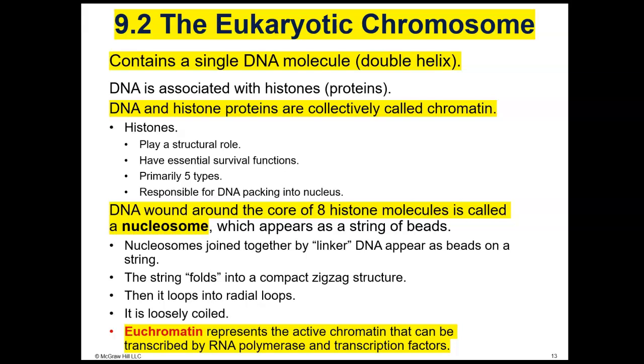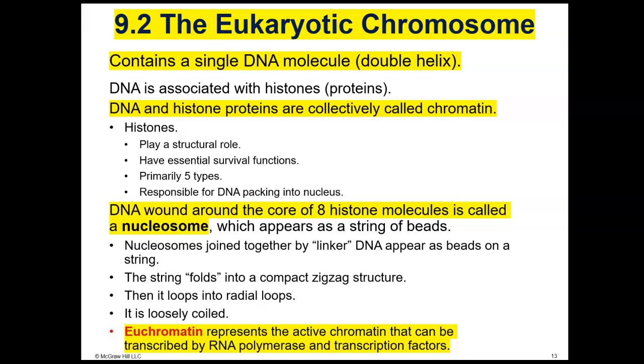I know that doesn't mean a lot to you right now because we haven't really learned much about the process of protein synthesis, which includes transcription. But we'll just say euchromatin can be translated, basically the code from the DNA can be translated into an actual protein, because that's what DNA does.